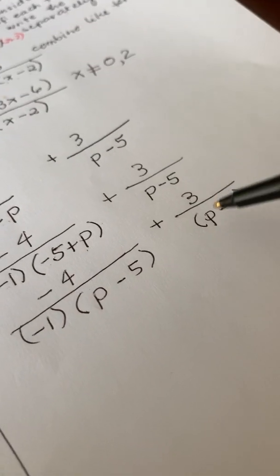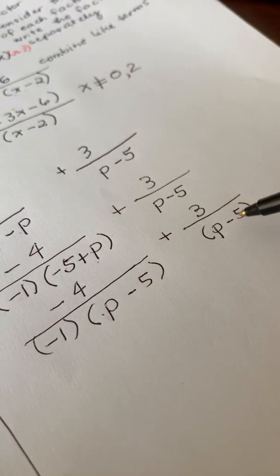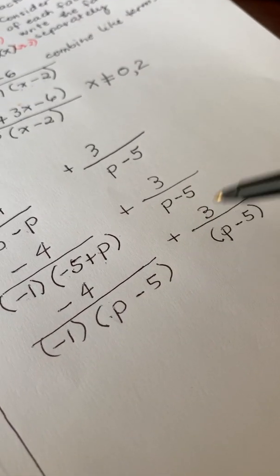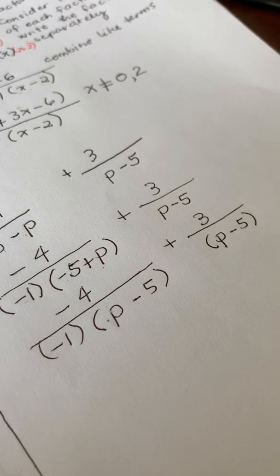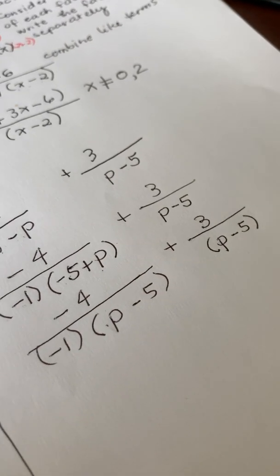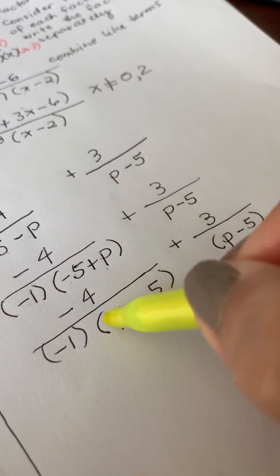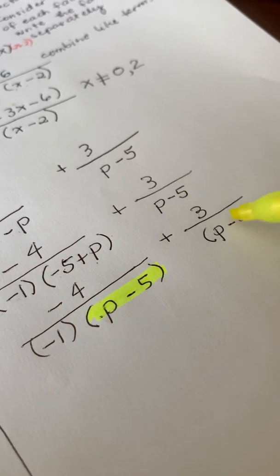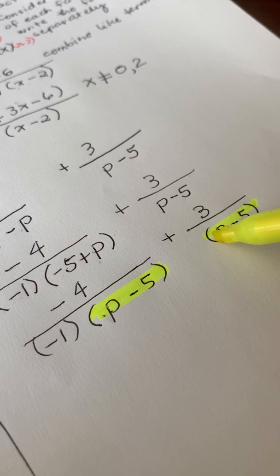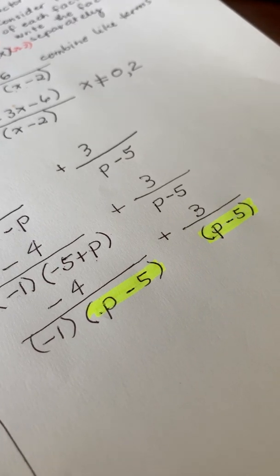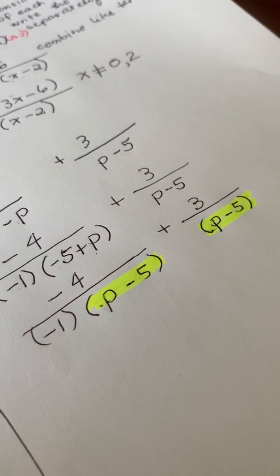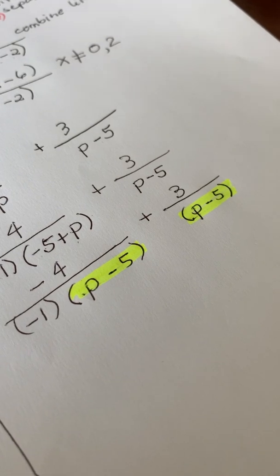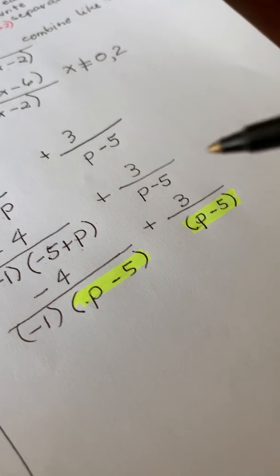So they are now the same. So now we will cover the common factor, or like what we said, we just try to highlight it. Or if you like to cover it, that's okay too. So these are different denominators but with a common factor p minus 5.